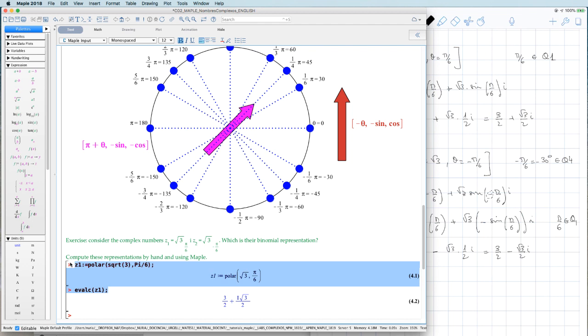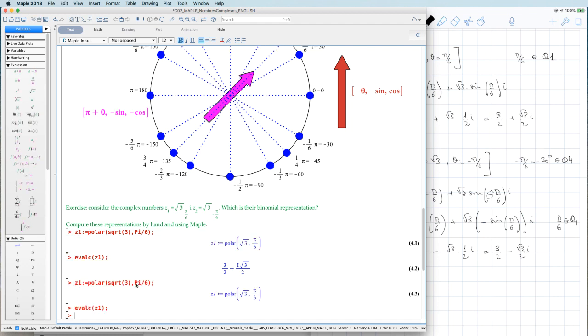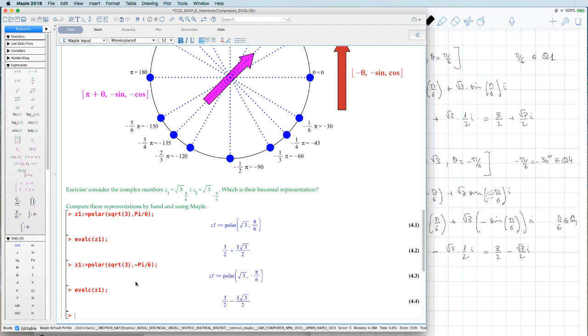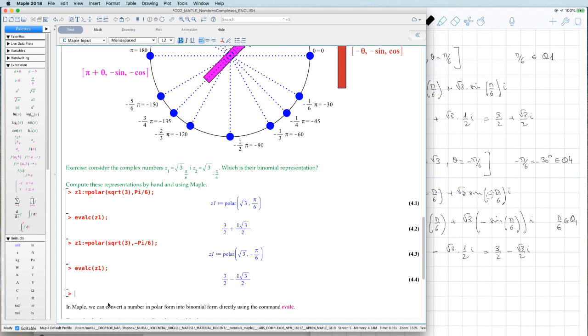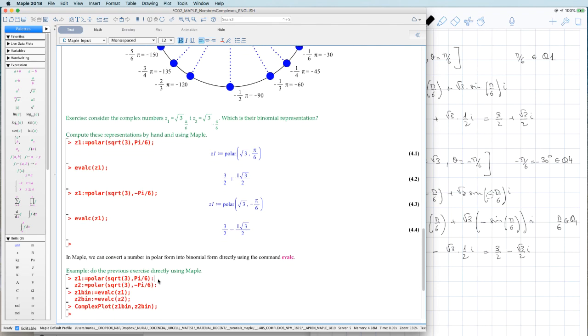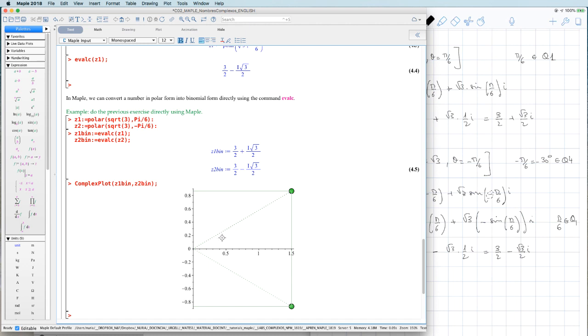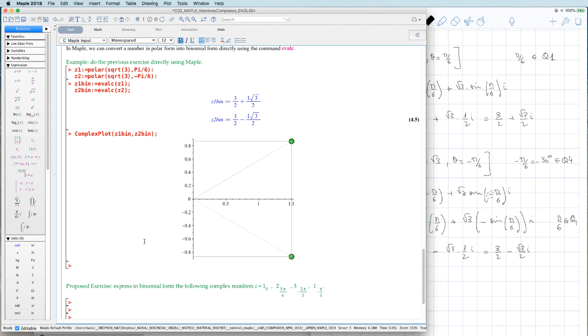And if I now change the sign of the argument, I get the same result that we got. As we have seen, we can convert any number using the eval command. But here you also have a plot of the two numbers that we got. This distance is square root of 3. This is an angle of 30, minus 30, and then you have the A and the B.